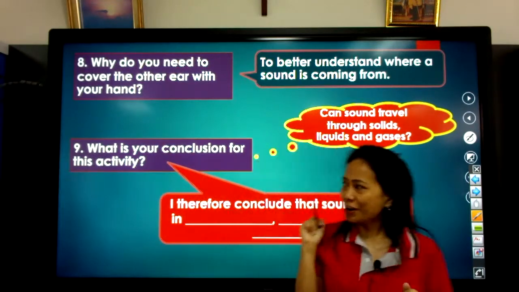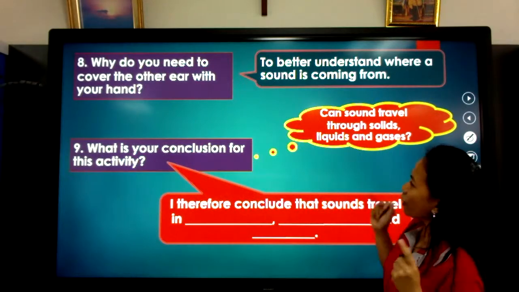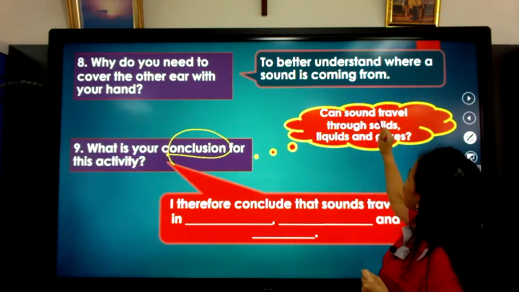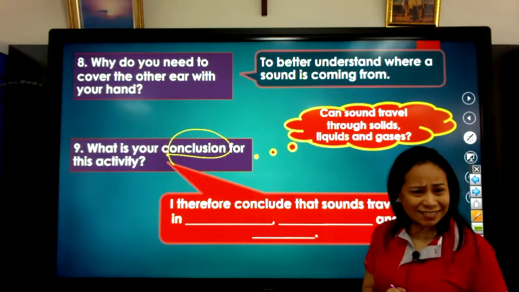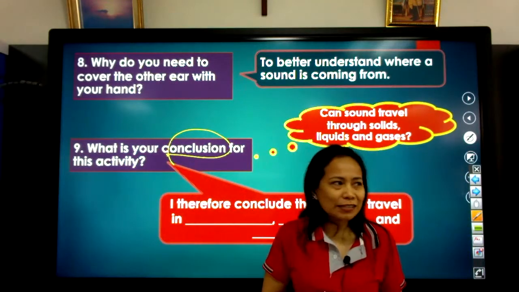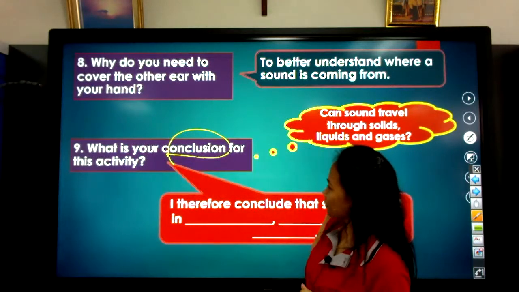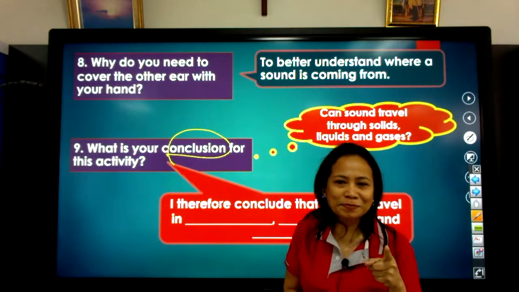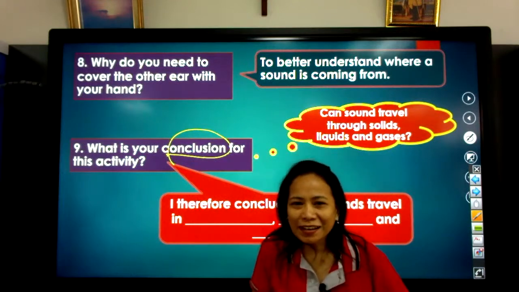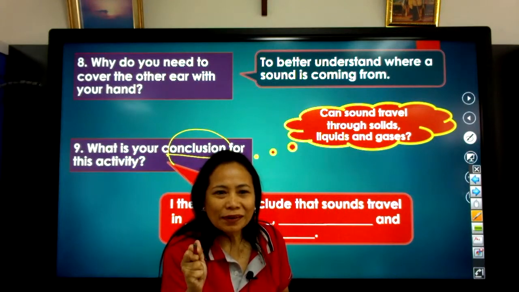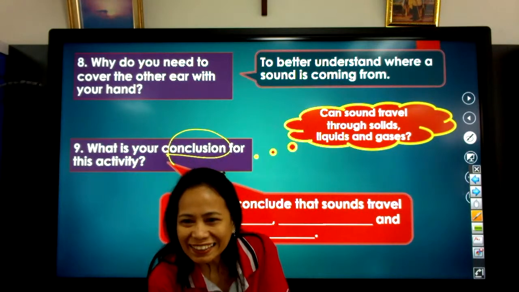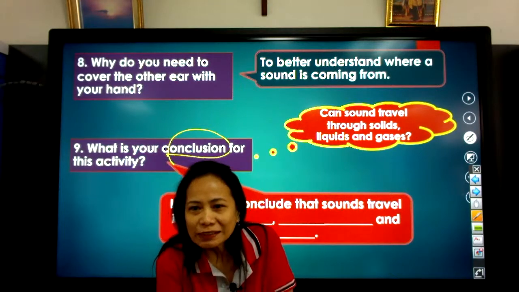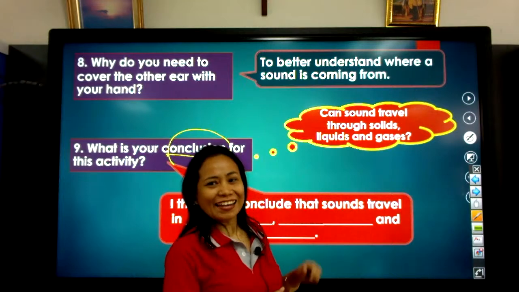Okay, so for number 9, the question here, for our conclusion, is: can sound travel through solid, liquid, and gas? Can sound travel in solid, liquid, and gas? What is the answer here? Okay, yes, correct.